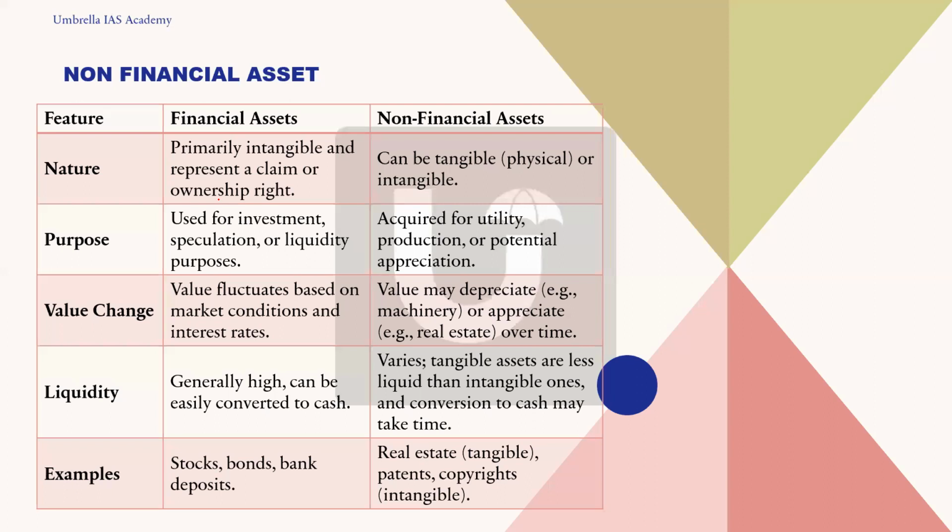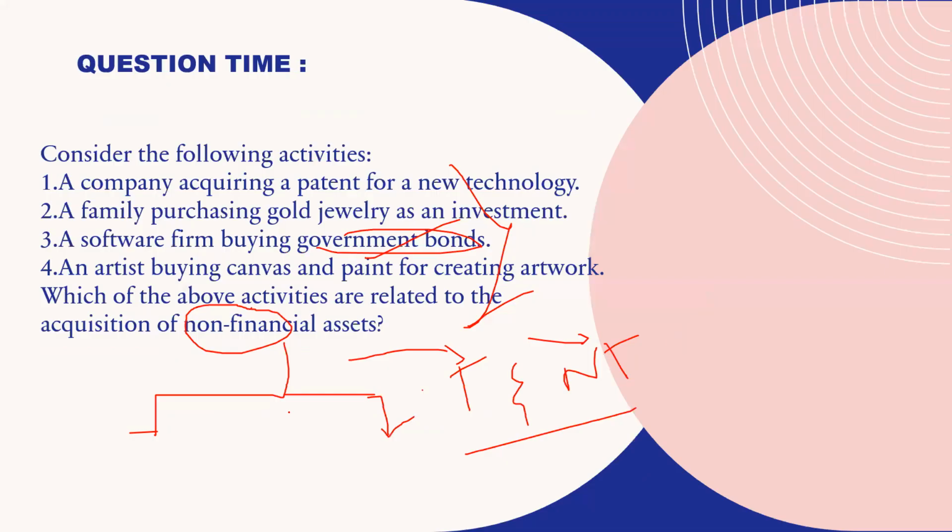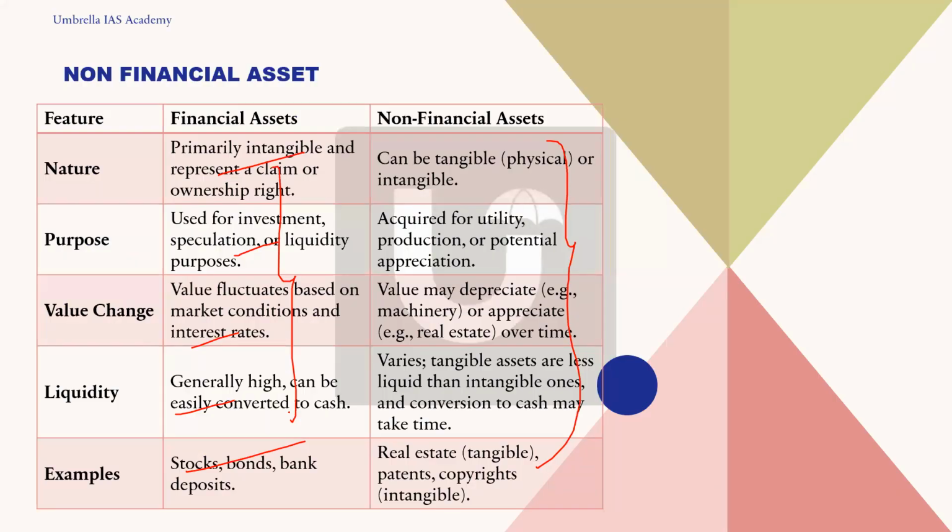So the basic difference I have given here. You can go through what financial assets and non-financial assets are, and they may ask a question because I have checked PYQs. A lot of PYQs on tangible wealth, intangible wealth. Repeatedly they are asking these things, so they may ask a question on financial asset and non-financial asset.